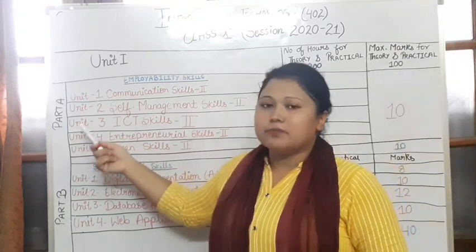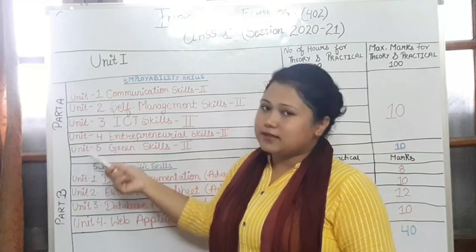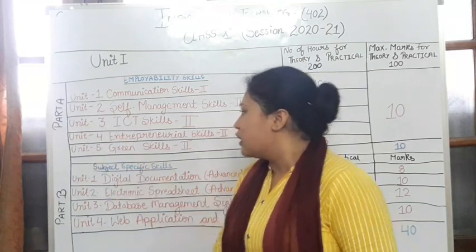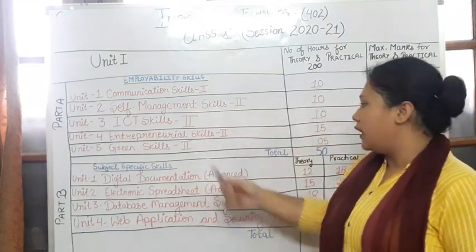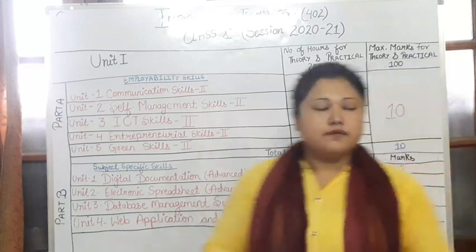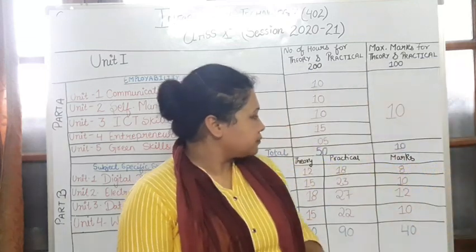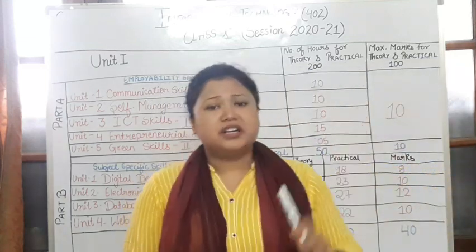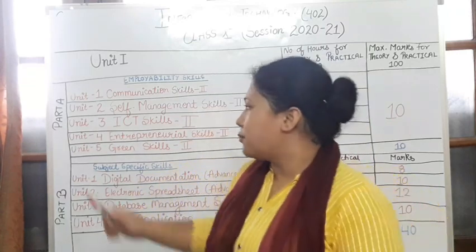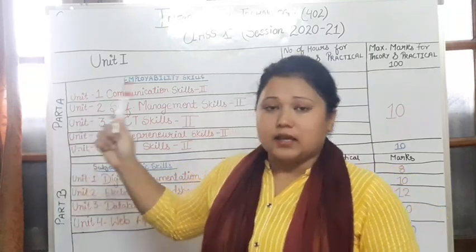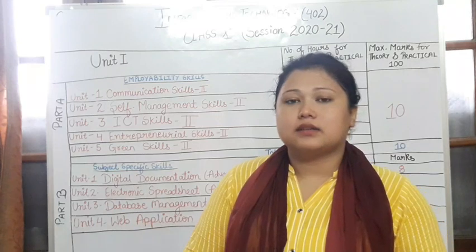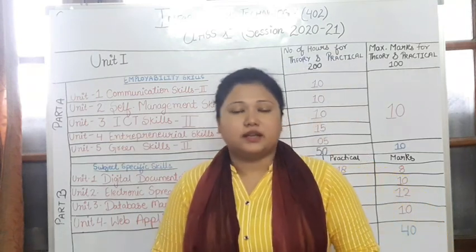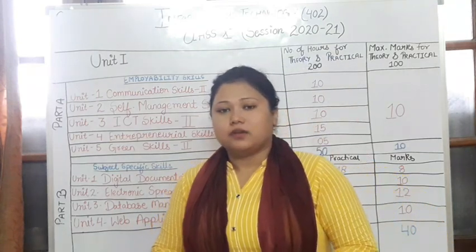This is quite an important chapter from these units. And the last unit, green skill 2, consists of only 5 marks. So from part A, only 10 marks of questions will be there in your exam, right?